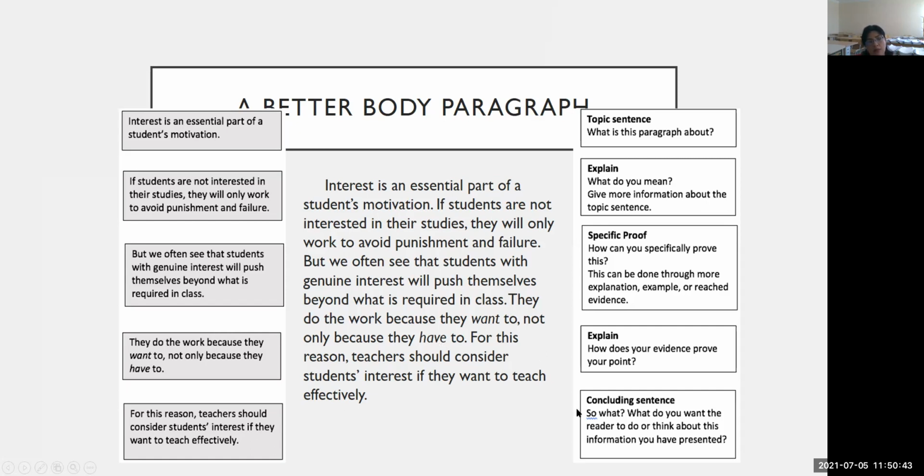And in the last sentence, in the concluding sentence, we will write what we want the reader to do or think about this information, about interest. "For this reason, teachers should consider students' interest if they want to teach effectively."